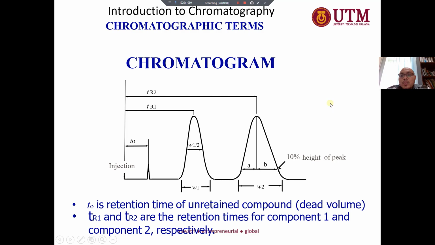Okay, the next one we will learn about is the terms in the chromatographic world. If you look over here, T naught, or T0, represents the time of an unretained compound, or we can call it the dead volume. What is an unretained compound?